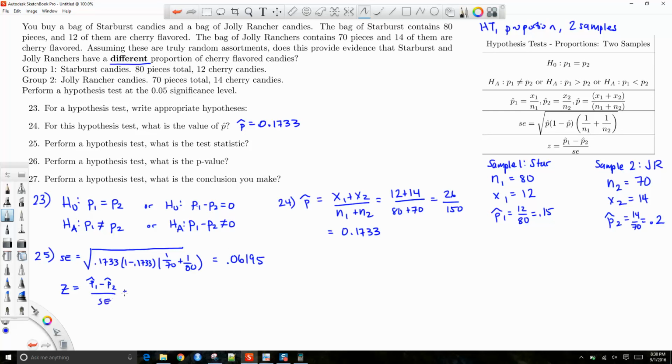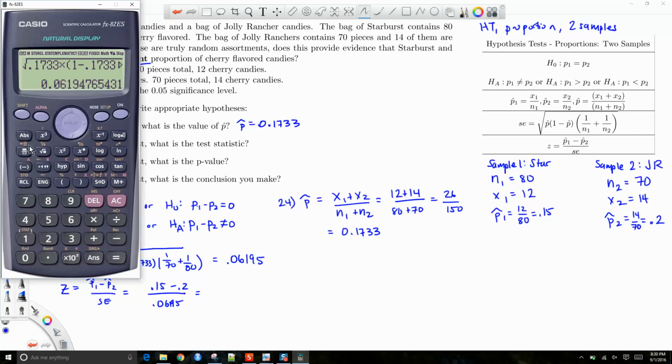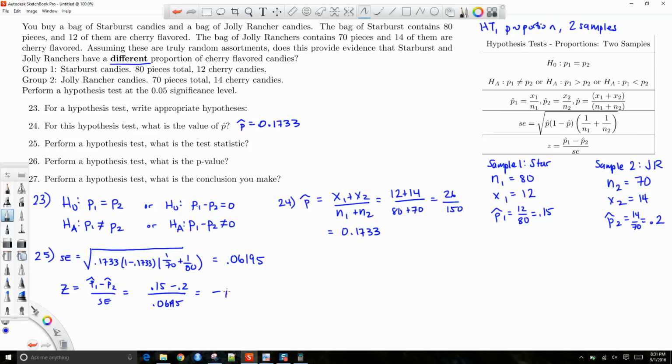So I get 0.15 minus 0.2 over 0.06195. And I get, rounding off to 2 decimal places, z is equal to negative 0.81.